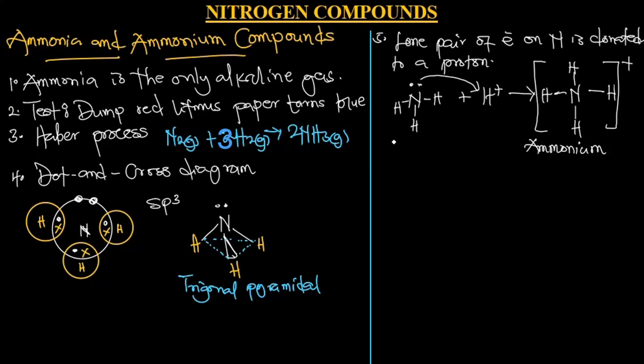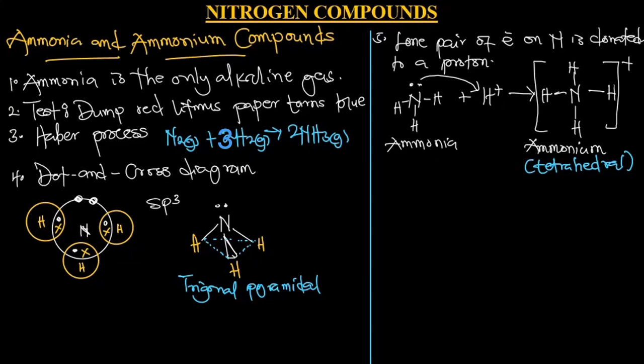And this is ammonia. Now the geometry we see here is tetrahedral. Unlike the ammonia, which is trigonal pyramidal, the ammonium ion is tetrahedral because all the bond lengths are the same.